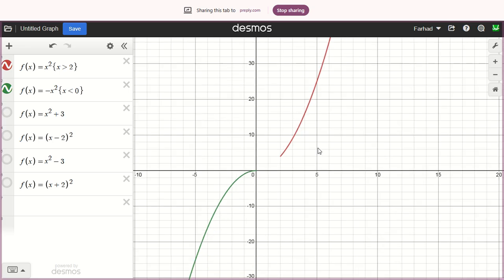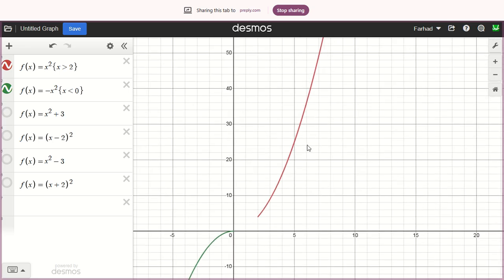Is it clear now? The domain of this function will start from 2, and it will be from 2 to positive infinity.